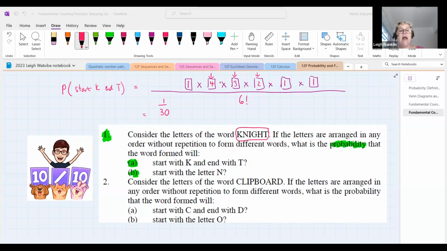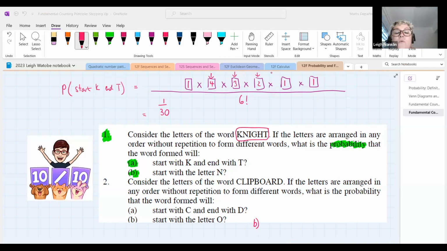All right. And let's have a look at question B. Now it has to start with the letter N. So again, there are 6 blocks being filled, but the only you can.